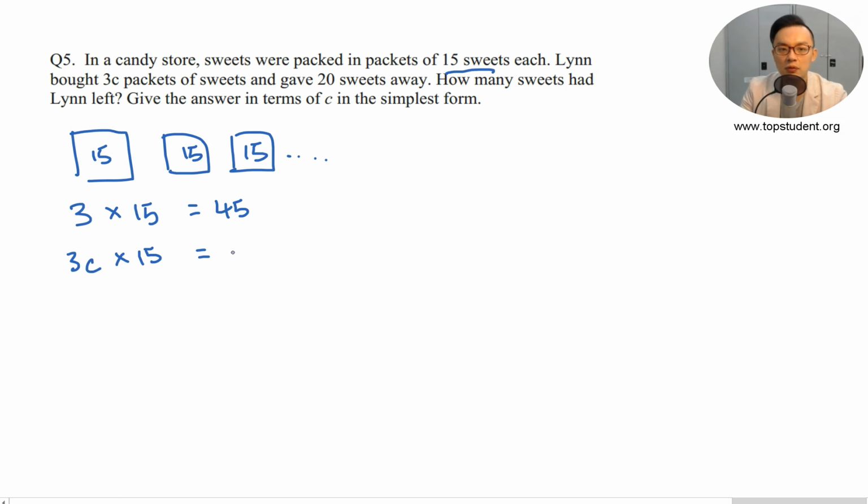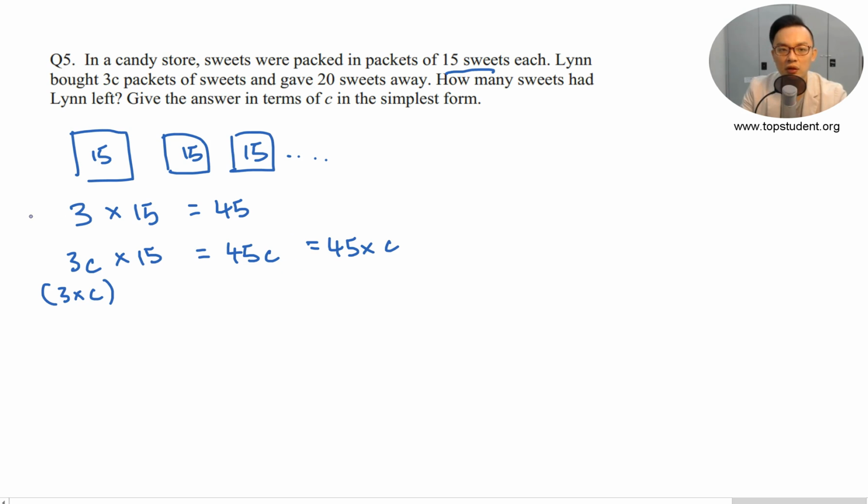I just take 15 times 3, I get 45C. So I take 15 times 3, I get 45, and then the C, I just carry over. I don't do anything to C. So that's 45C. And she gave 20 sweets away.